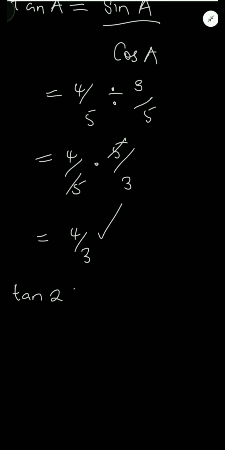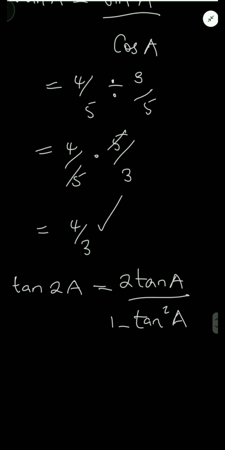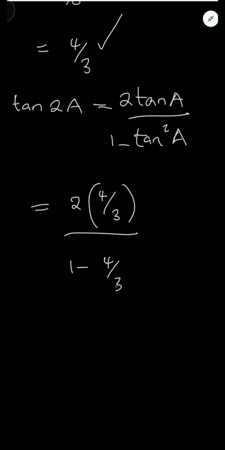Now since our tan A is 4/3, we'll go back to our identity, tan 2A equal to 2 tan A over 1 minus tan squared A. Then we substitute the values that we have. So we get 2 multiplied by 4/3 over 1 minus 4/3 squared.